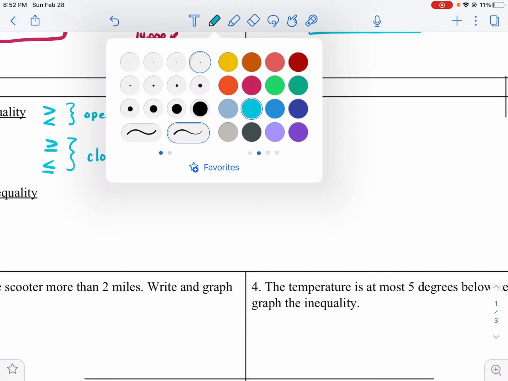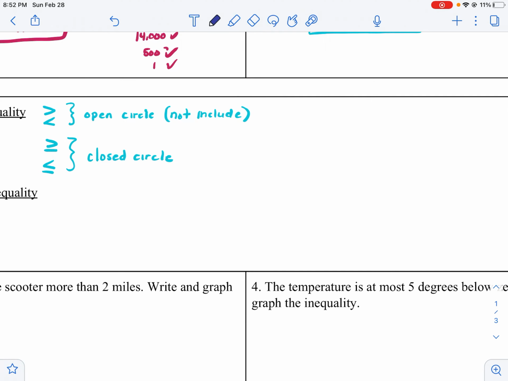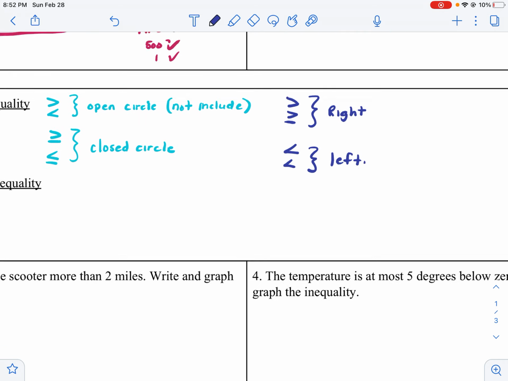Okay? And then looking at whether it's greater than or less than, if it's greater than or equal to, our line is going to go to the right. And if it's less than or equal to, our arrow is going to go to the left.